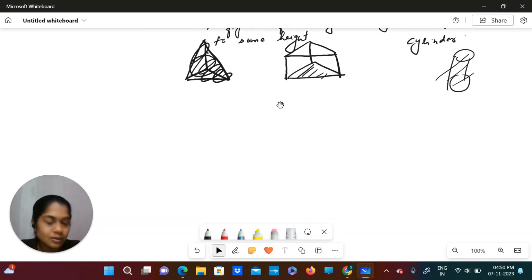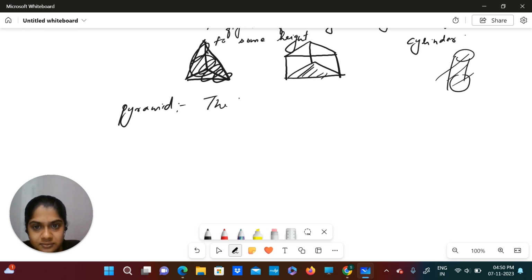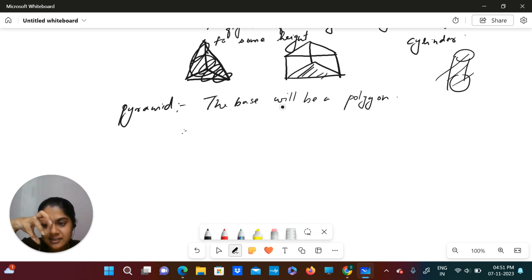Okay, now let me tell you about the pyramid. Pyramid means the base will be a polygon, and the figure is formed by extending the base figure such that the edges will join at an apex.